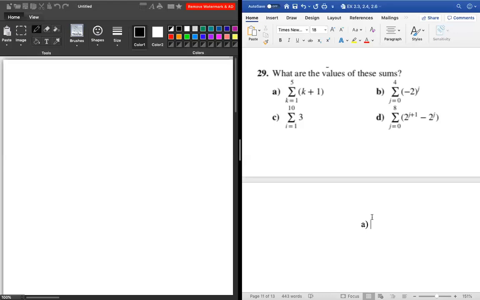So the first term will be 1 plus 1 equals to 2, plus the next is 2 plus 1, which is 3, plus 3 plus 1, which is 4. This is when k equals to 1, k equals to 2, k equals to 3. When k equals to 4, 4 plus 1 is just 5. And then k equals to 5, this is going to be 6. So if we sum this up, it's going to be 20.